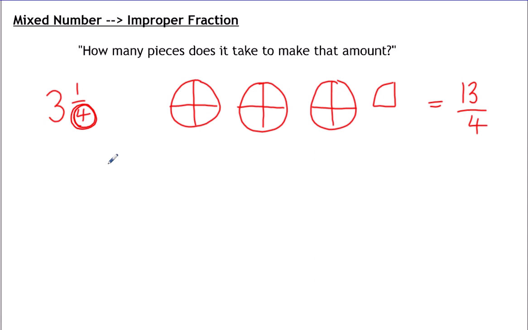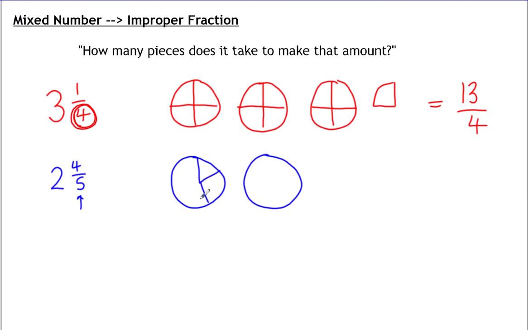If I do another one, I'll swap the colour. We'll have 2 4/5. Now this time we're working in fifths. So when I draw my 2 wholes, I've got to cut them into 5 pieces this time. So 1, 2, 3, 4, 5. 1, 2, 3, 4, 5. There's the 2 wholes. So 1, 2, 3, 4, 5, 6, 7, 8, 9, 10. And we've got 4/5 as well.